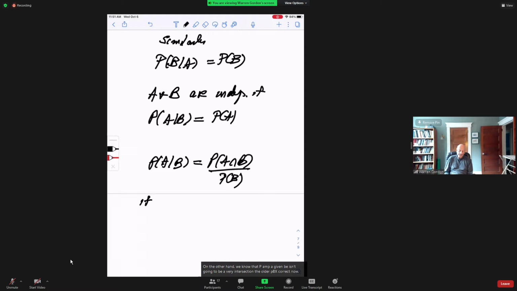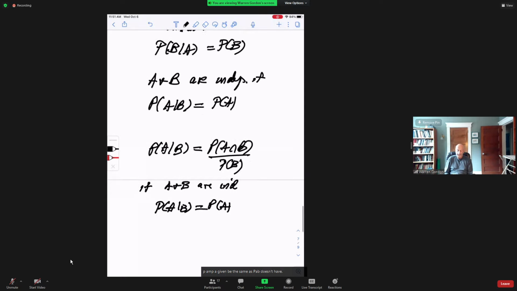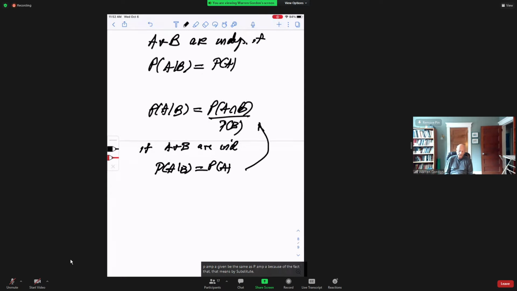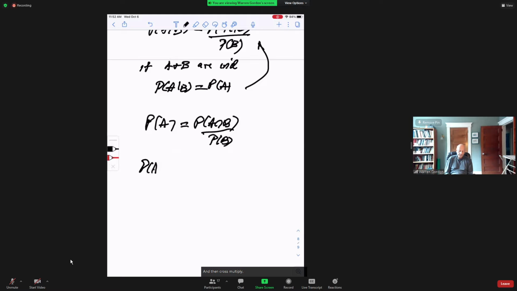Now, if A and B are independent, according to my definition above, P of A given B is the same as P of A. B doesn't affect A. That means if I substitute, and then cross multiply, I get the result that the probability of the intersection is equal to the product of the individual probabilities.